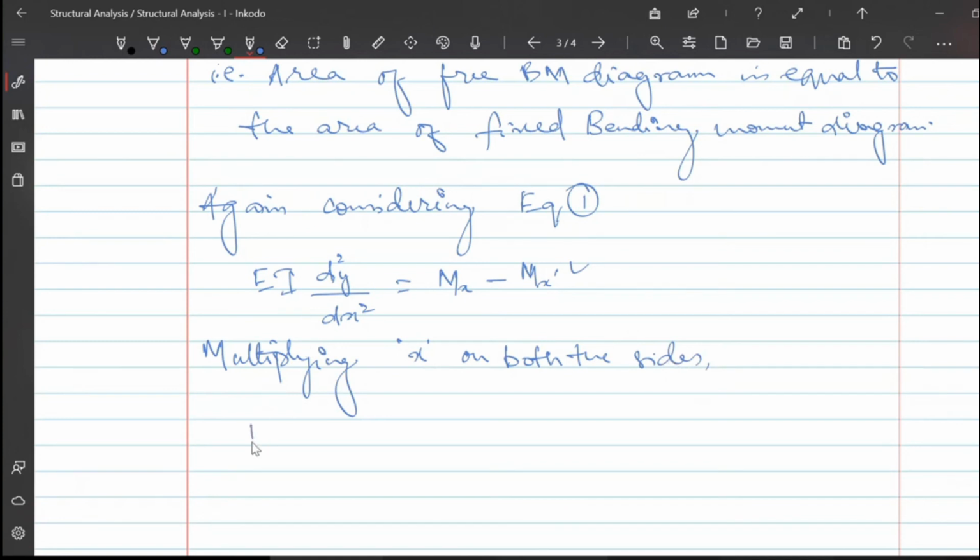So if I multiply x on both the sides, EI into x into d square y by dx square equals to mx into x minus mx bar into x.